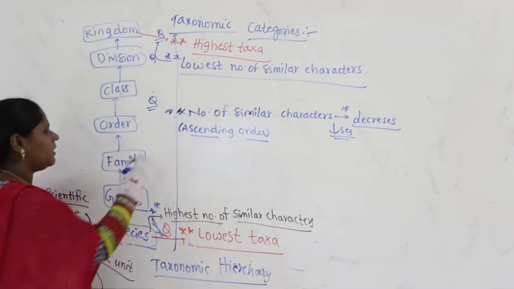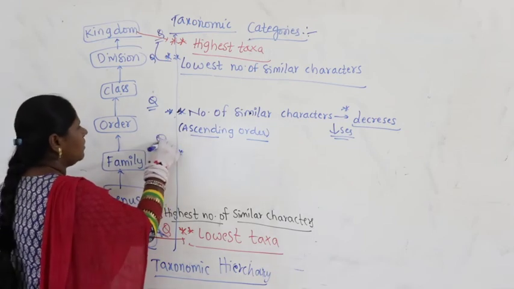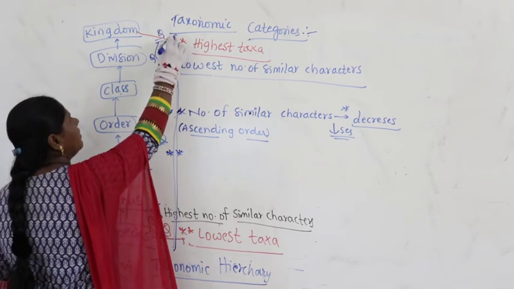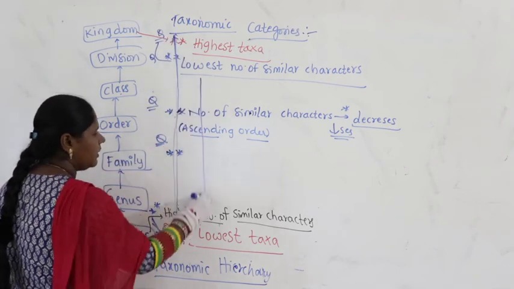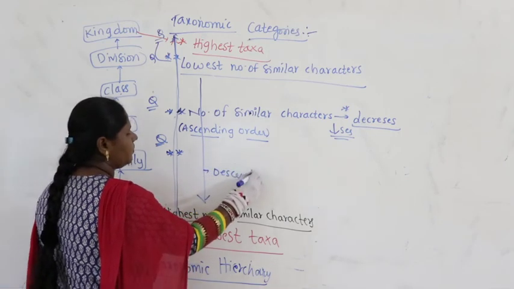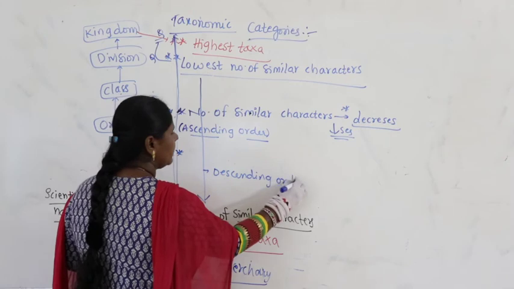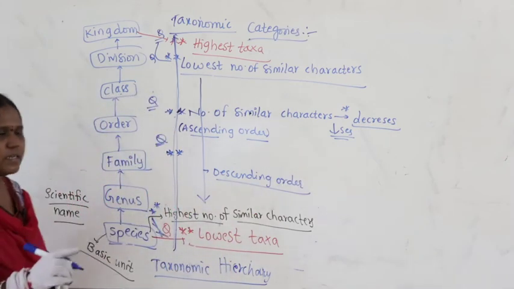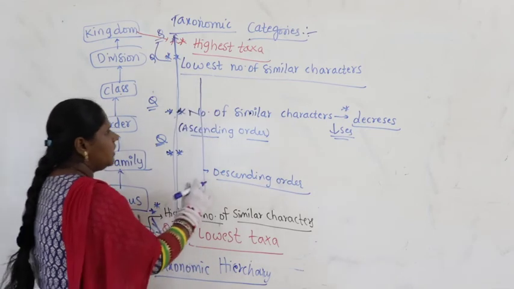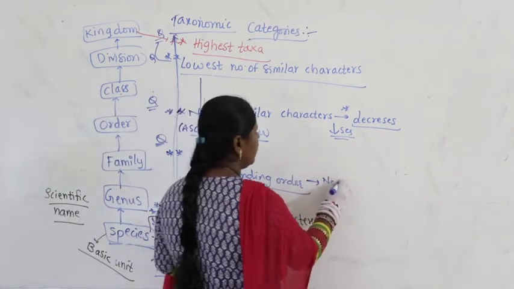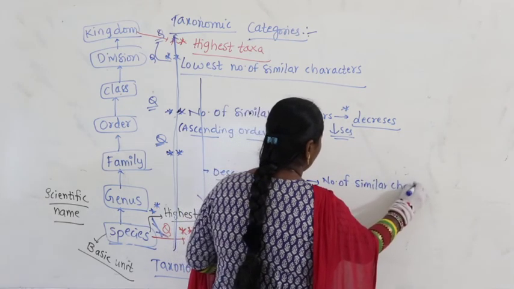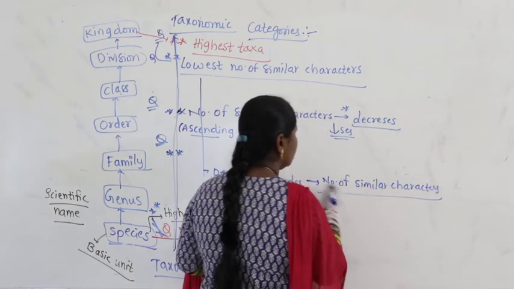Sometimes they will give the question in descending order. I kept the arrow mark from small to big, but sometimes the question will be downward. A downward arrow mark speaks about descending order. So, when it is placed in descending order, it starts with kingdom, then ends with species. In descending order, the number of similar characters increases.